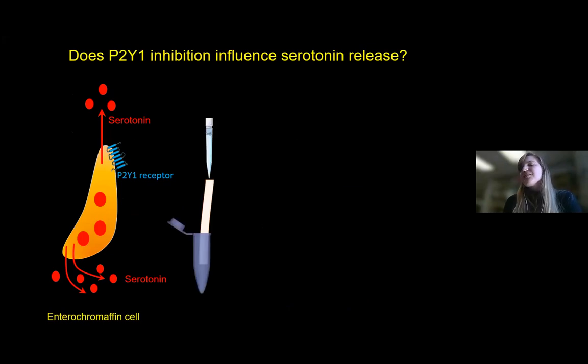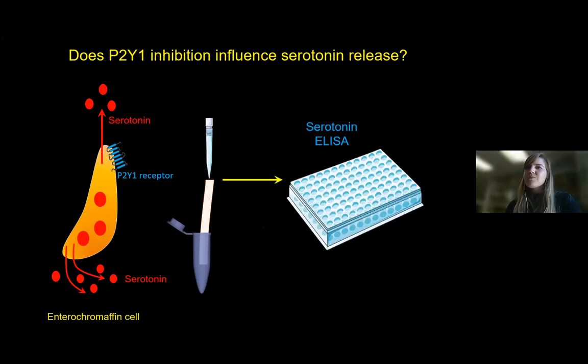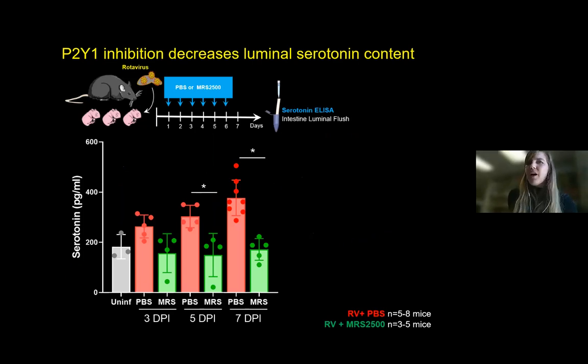So to look into serotonin release, we took again those luminal flushes and we performed a serotonin ELISA. What our data suggests so far, looking at the luminal serotonin content, is that starting at day 5 post-infection, we have a significant decrease in serotonin content in the MRS treated group compared to the PBS.